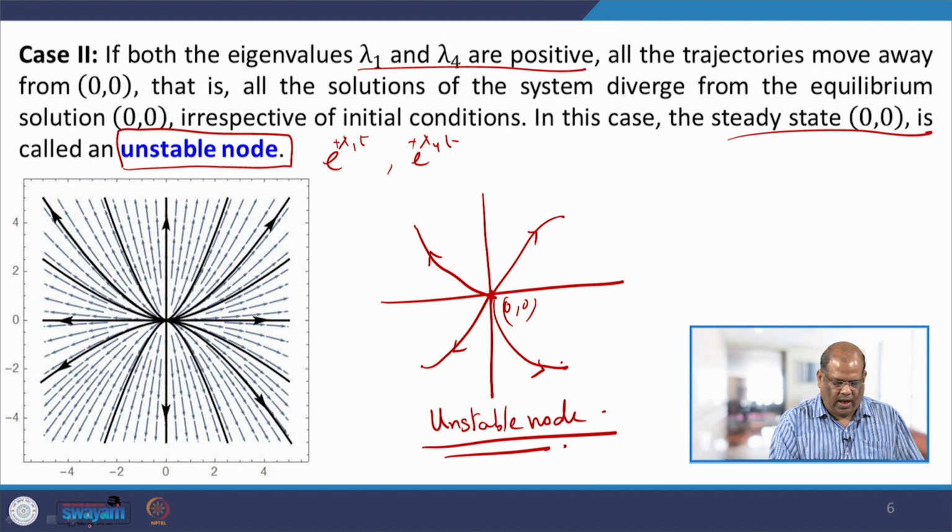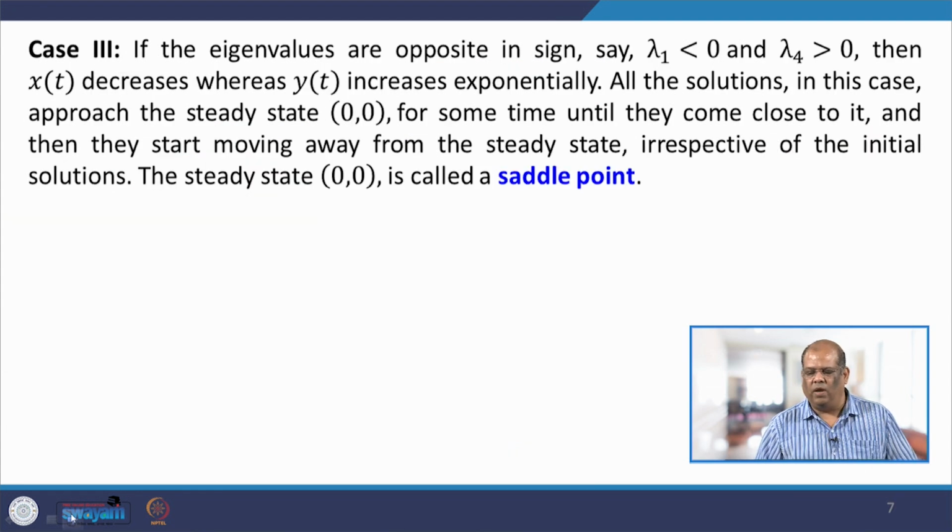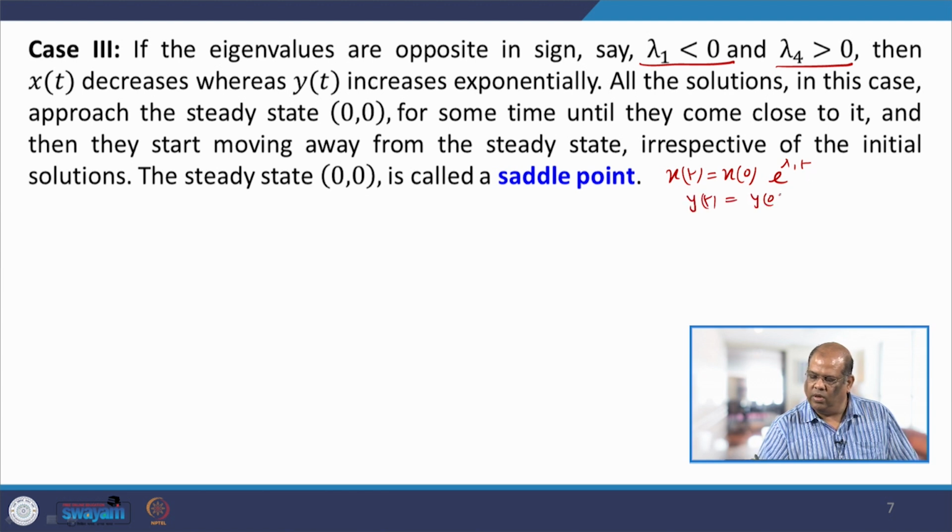Now, let us take the case when one of them is positive and one of them is negative. In this particular case, x(t) is equal to x 0 e to the power lambda 1 t and y(t) equal to y 0 e to the power lambda 4 t. So, lambda 1 is less than 0 and lambda 4 is positive. Suppose I put a negative sign here.